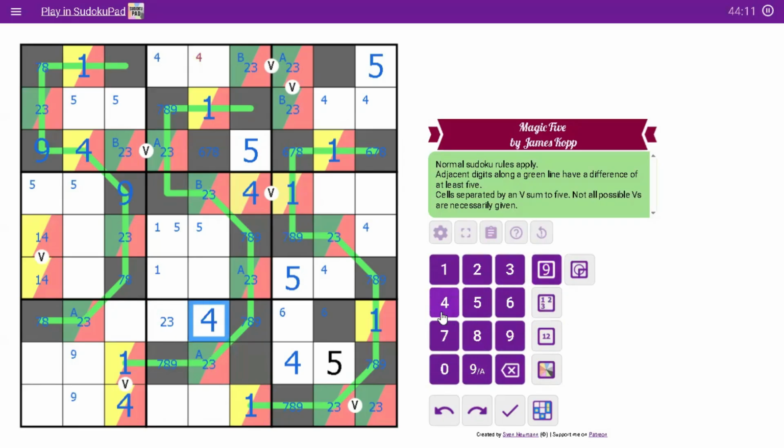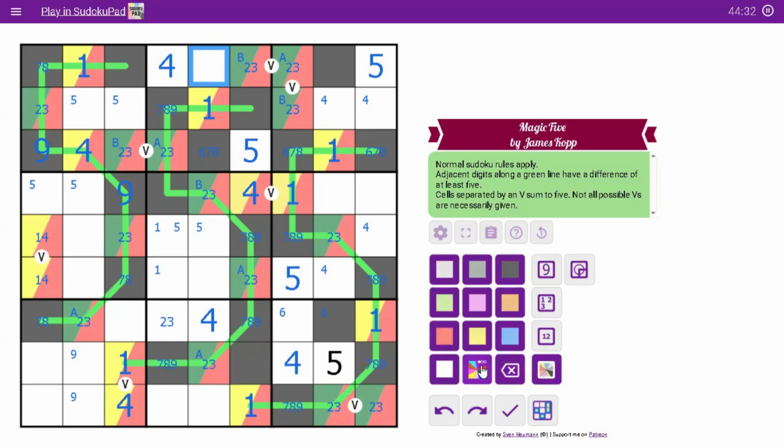So that means this is a 4, which means that's a 4, and we're getting some progress on the 4s. So this is a 6, 7, 8, or 9. Shall make black.